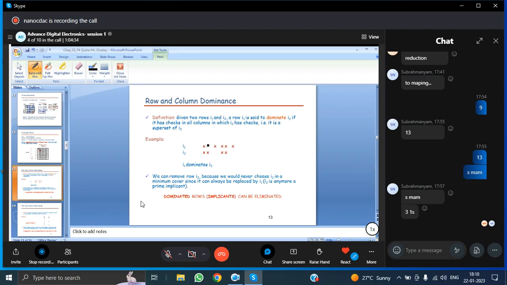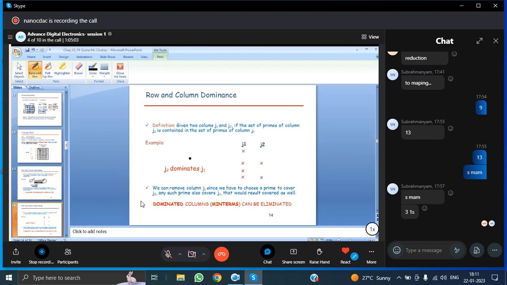Ante chudandi I1 lo all checks are there, I2 lo kuda all checks are there, but see here I1 is covering all the checks of I2. ఈ ఉన్న 4 కూడా I1 కవర్ చేస్తుంది అన్నమాట. So I1 is dominating I2. Okay, I1 is dominating I2. So now I1 is dominating I2 కాబట్టి we can remove this I2. Okay, so whichever is being dominated that can be eliminated.